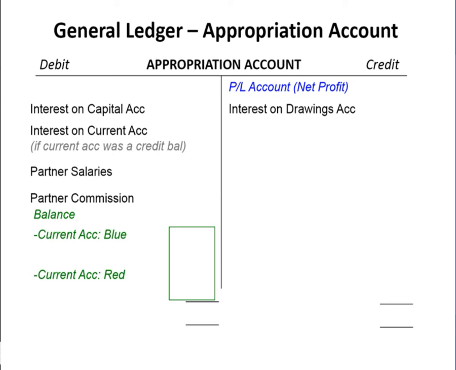Now this appropriation account is quite straightforward. The first journal I did was transfer in the profit or loss. The profit or loss, the net profit, was 12,643. I did that journal right after doing the closing out of the profit or loss account. Then my interest on the drawings we've just done was 400. Interest on the capital account, 1,250.